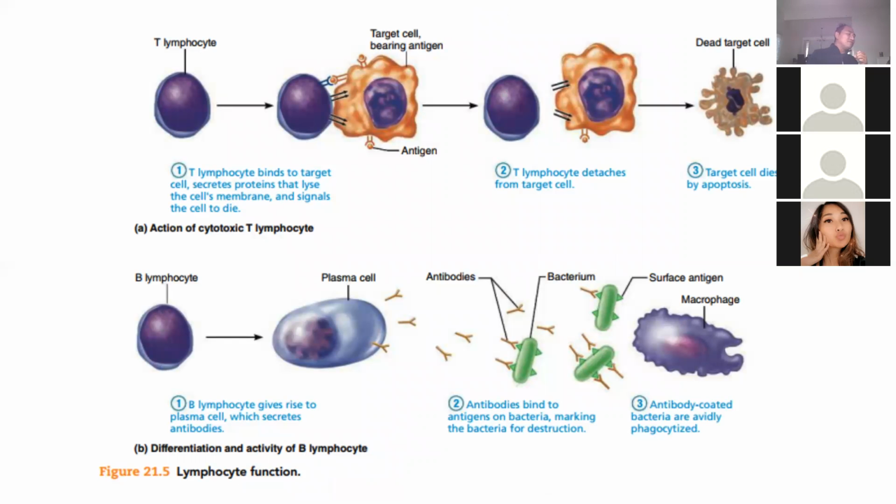So this is a little bit on the functions of lymphocyte. One lymphocyte will change to T lymphocyte, and another type will become B lymphocyte. That is what we learn in immunology, when we talk about the lymphatic system. B lymphocyte means this lymphocyte came from the bone marrow, B for bone marrow.